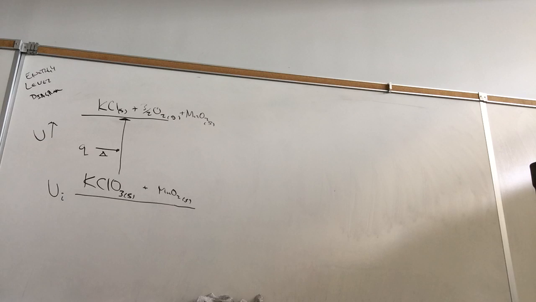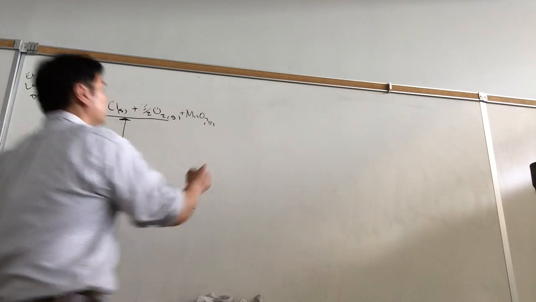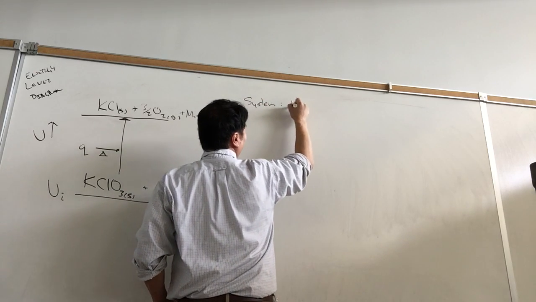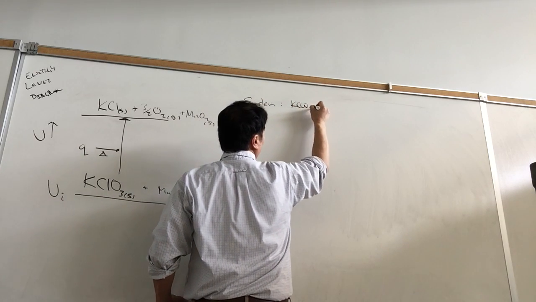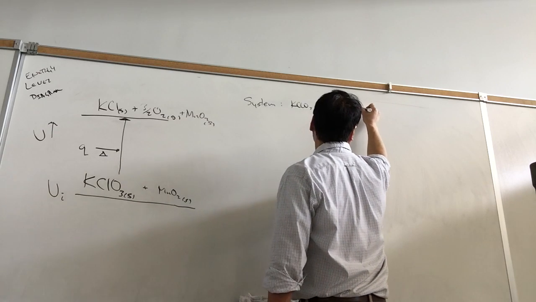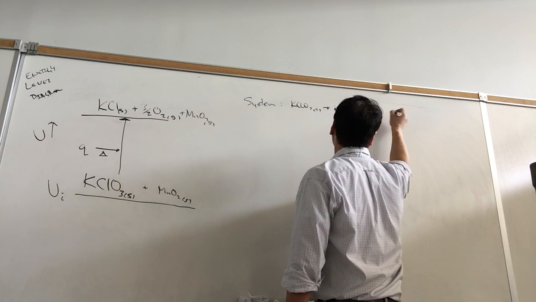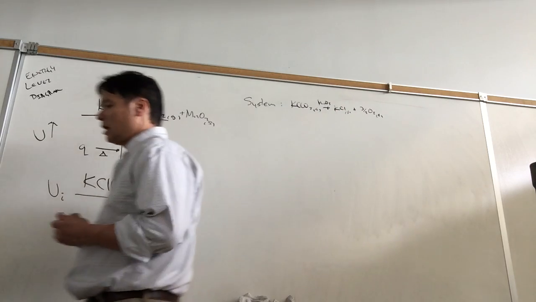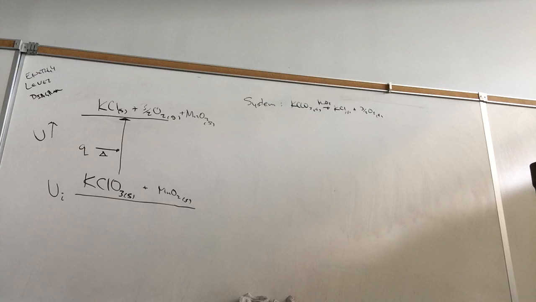In this case, it's a reaction. Our system is the KClO3 going to KCl plus 3/2 O2, and we're going to have MnO2 in there as well as a catalyst. That's our system. The surroundings will be everything else.